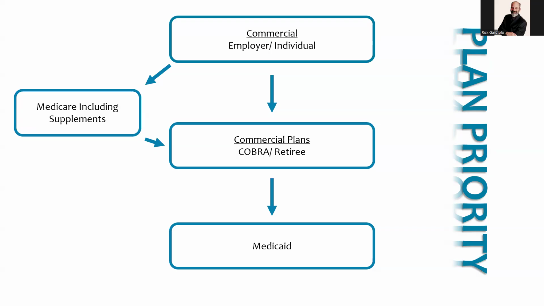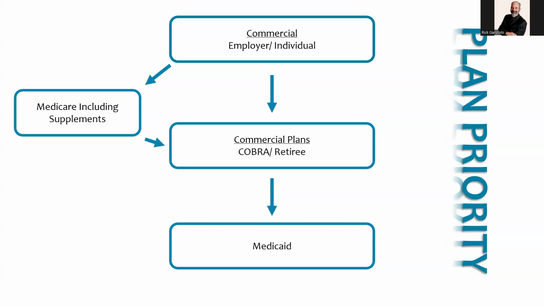But the commercial, employer, or individual plans will always take first priority. They will be primary over any retiree plan, over any COBRA plan, over any Medicare, including Medicare supplement and Medicare Advantage plans. There are exceptions, though, as well as Medicaid.